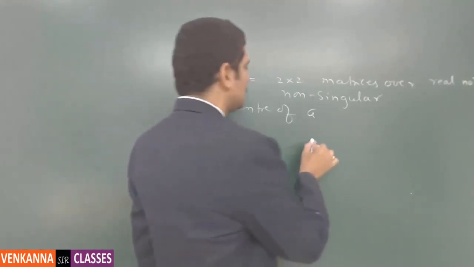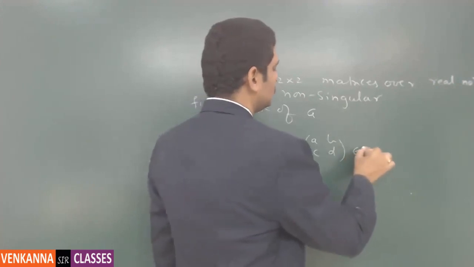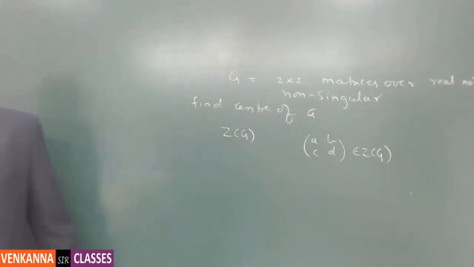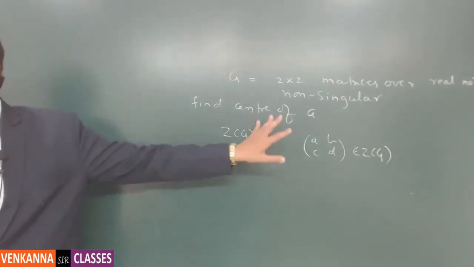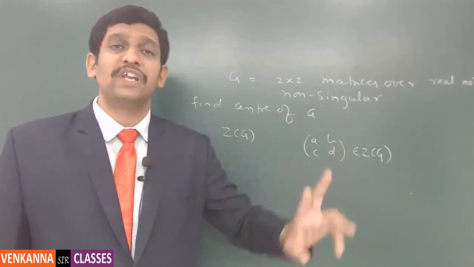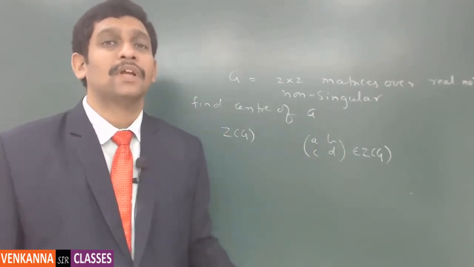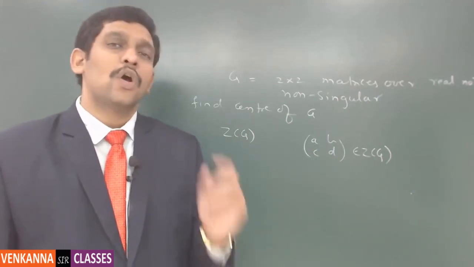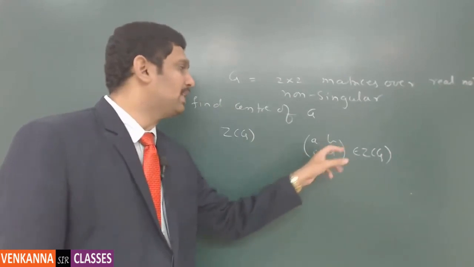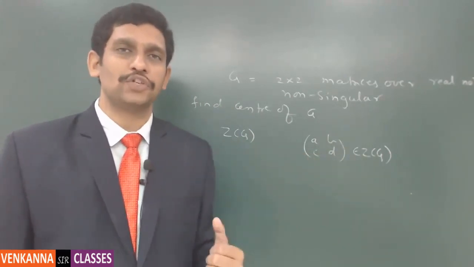So if I say that I took a matrix A, B, C, D in the center, then this matrix is satisfying the commutative property with each and every 2 by 2 non-singular matrix of G. So what could be the pattern of the elements A, B, C, D I have to choose? That is the actual objective of the question.